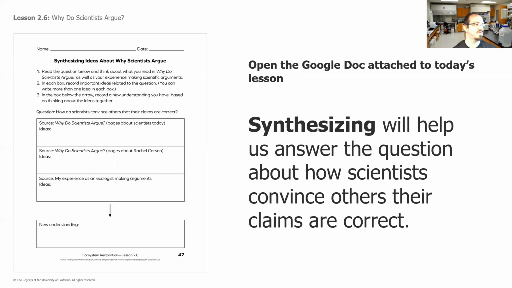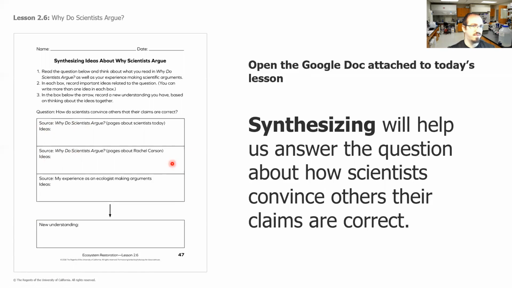So first, we want to think about what you read about scientists today. And you're going to record some ideas from the text about how scientists convince others their claims are correct in this first box right here. Next, you're going to think about what you read about Rachel Carson and record some ideas about how she convinced others her claim was correct too, in this second box right here.